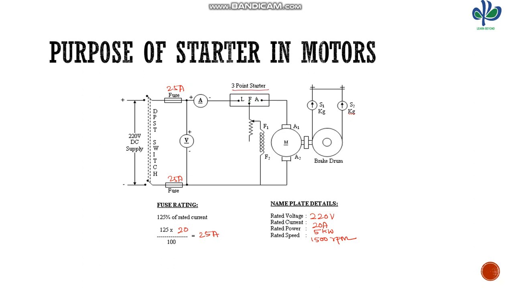Let us write the voltage equation for the DC shunt motor. From that we can find the current. This is the applied voltage V. The current flowing in the armature is called IA, and the armature resistance is called RA.